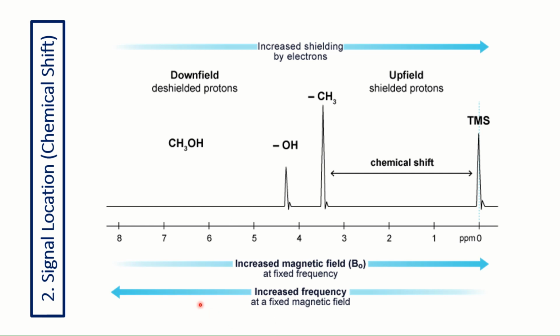Note that the increased magnetic field that we need for the resonance is when we have a fixed frequency. But reversely, we can think of an increased frequency at a fixed magnetic field.